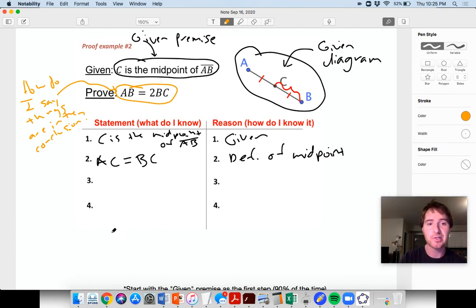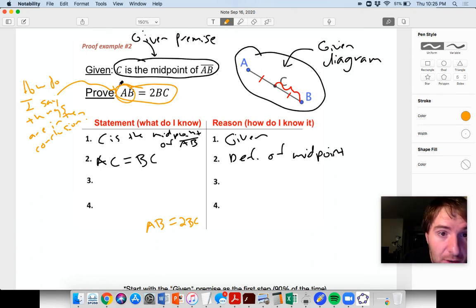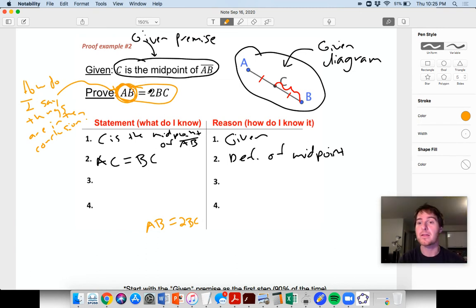So in fact, I could put this down here. My ending statement in step 4 is going to be AB is equal to 2BC. So that's what I need to get to. Have I, in my proof, yet said anything about BC? Well, yes, I have. It says something about BC up here. Have I said anything about AB? This AB right here. Have I said anything about it yet? No, I haven't said anything about AB.